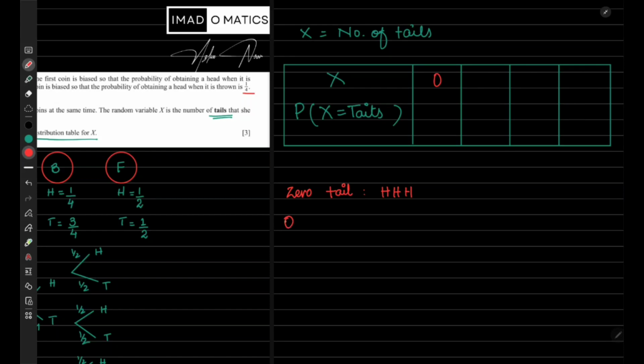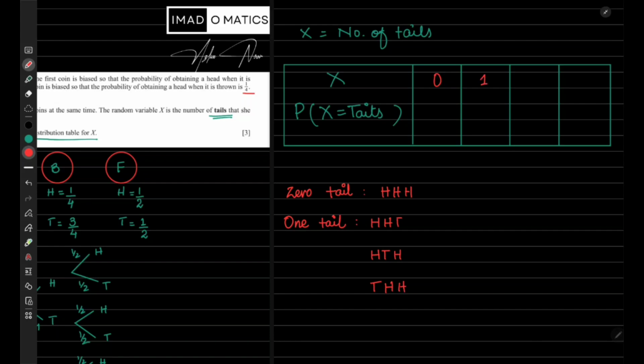Then you can have 1 tail. The 1 tail possibilities are head, head, tail; head, tail, head; and tail, head, head.